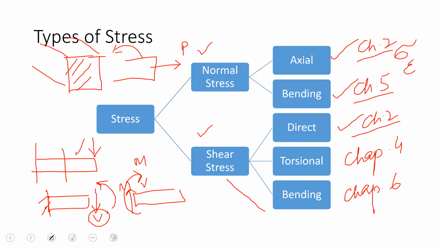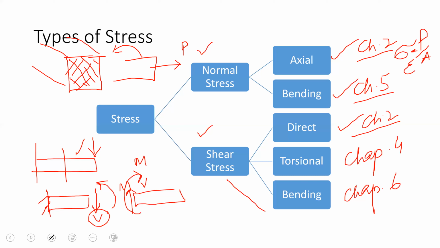So sigma will be P over A, and this will be the average normal stress distributed uniformly along the cross-sectional area.